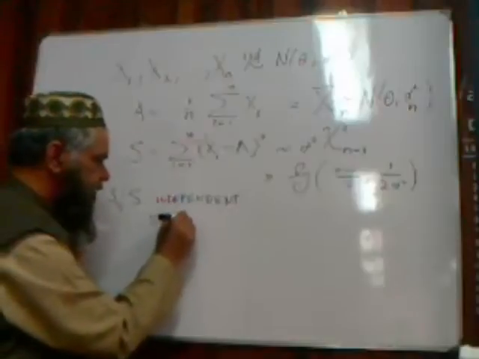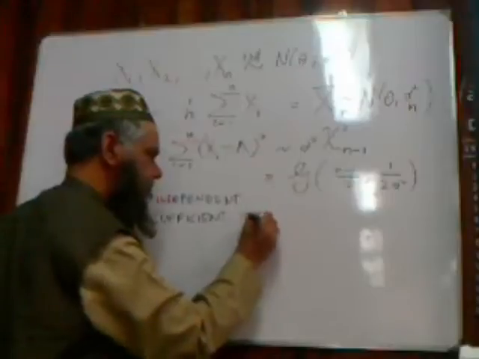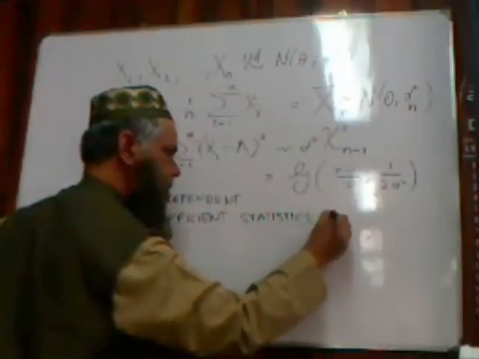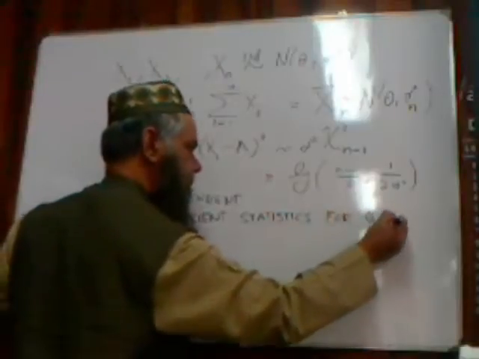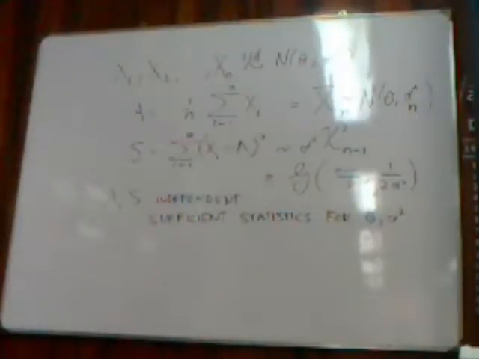That's not as important as the fact that these are sufficient statistics. This is very important. Sufficient statistics for theta and sigma squared. This has the common sense meaning that if I know the value of A and S, then I don't need the rest of the data in order to do inference about theta and sigma squared.